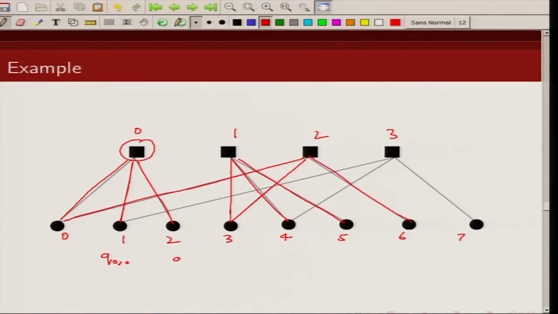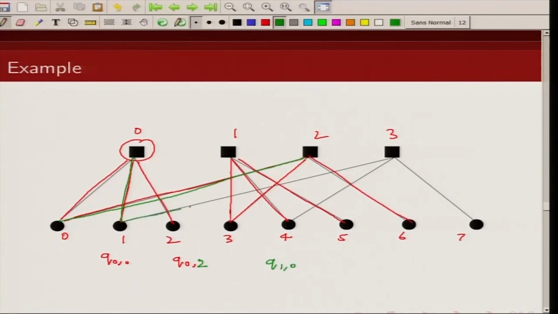You need to compute Q02 because you are sending a message from the 0th bit to the second check. You need to compute Q10.